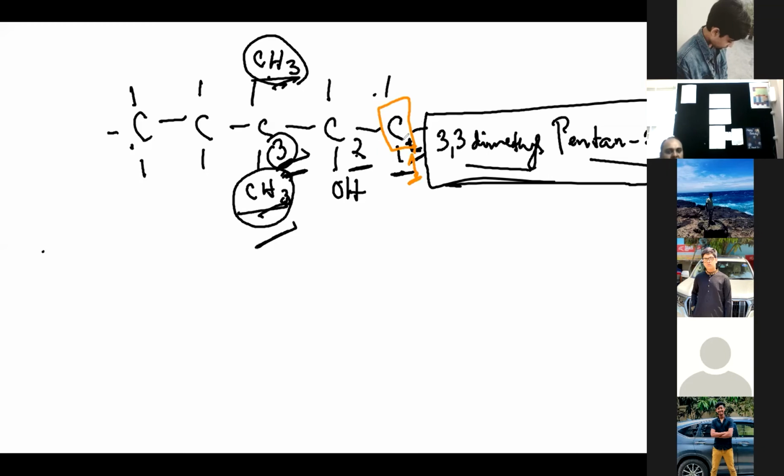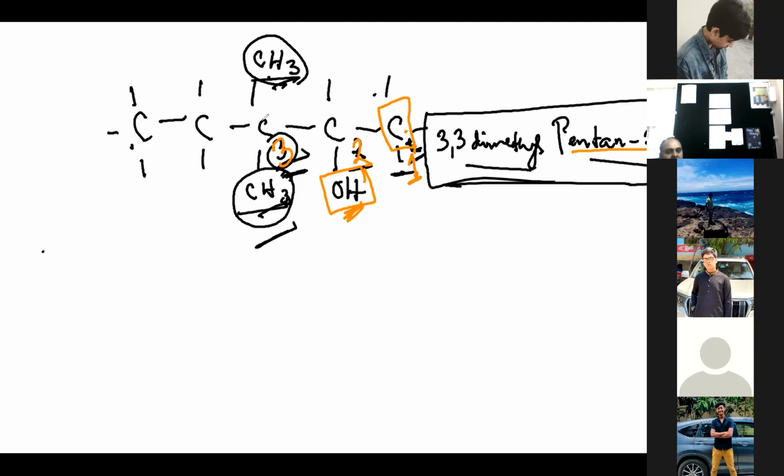Why did we start numbering from the right hand side? Because the OH is closest to this terminal carbon, the last carbon. So if we start from here, this is 1, this is 2, this is 3. Since the OH is linked to the second carbon, the name is pentan-2-ol.